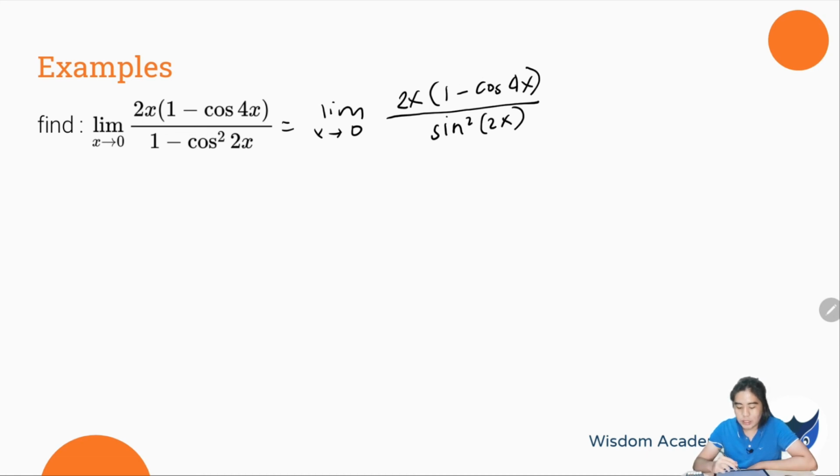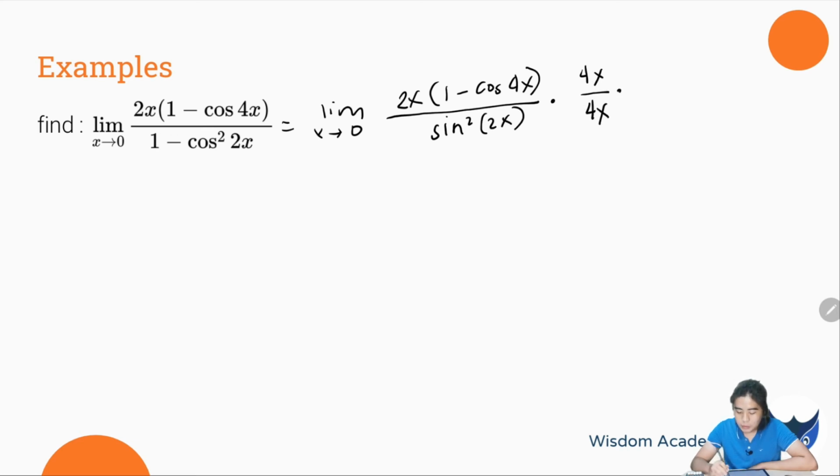Dun sa isang theorem na involving 1 minus cosine x, same din yung gagawin natin, similar dun sa ginagawa natin sa sine x over x. So, in this case, magmumultiply tayo both numerator and denominator by 4x.